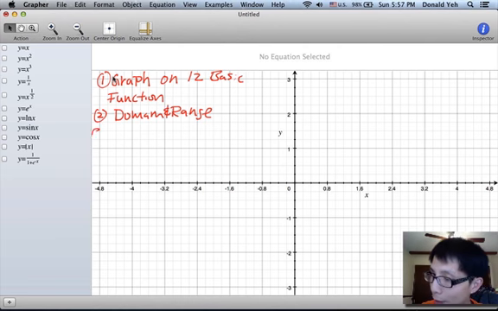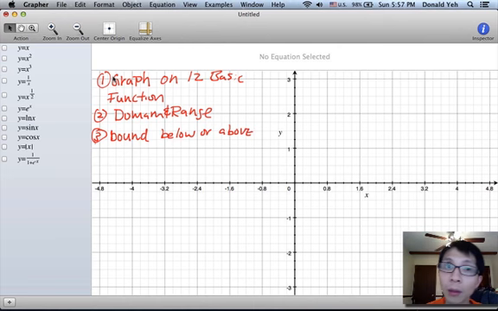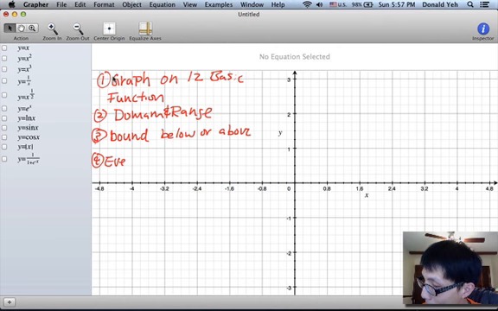And third, you have to be able to tell me if it's bounded below or above. Below or above. Also, you have to be able to tell me if it's an even or odd function.